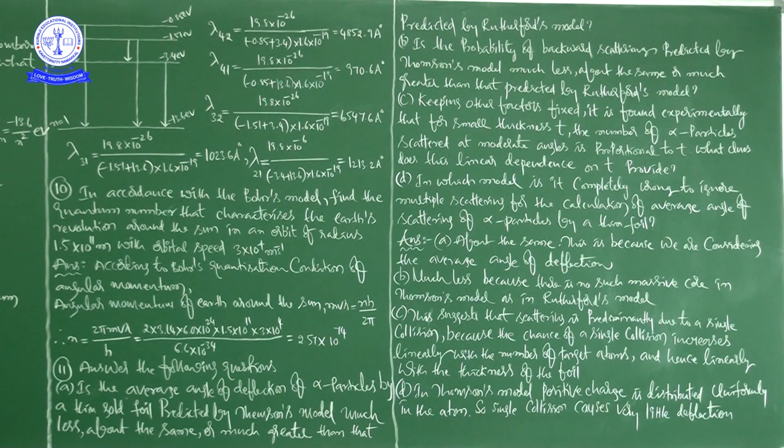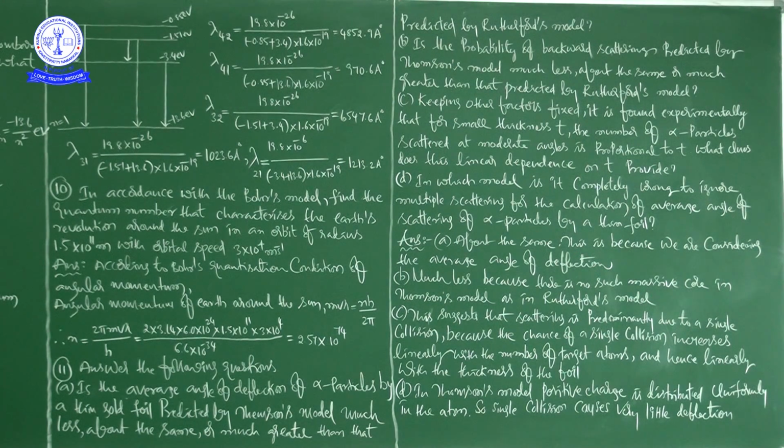In which model is it completely wrong to ignore multiple scattering for the calculation of average angle of scattering of alpha particles by a thin foil?